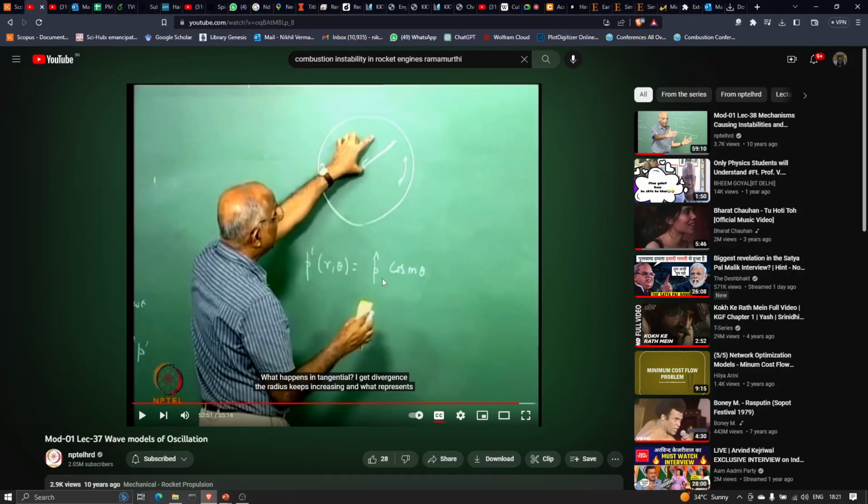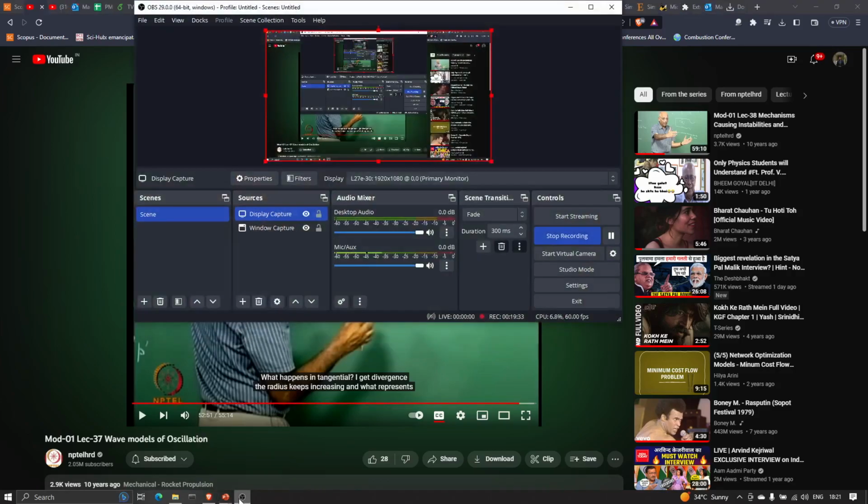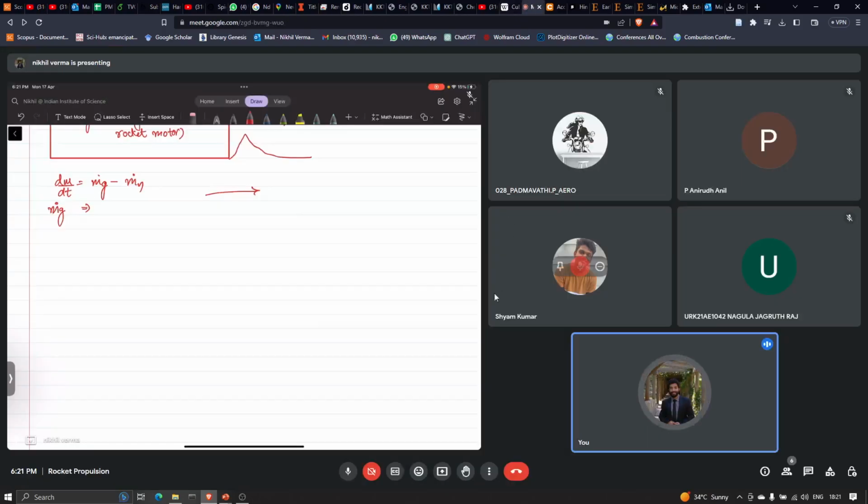This m generated will have some delay. When you are injecting the propellant, it will take a certain amount of time to evaporate and atomize.